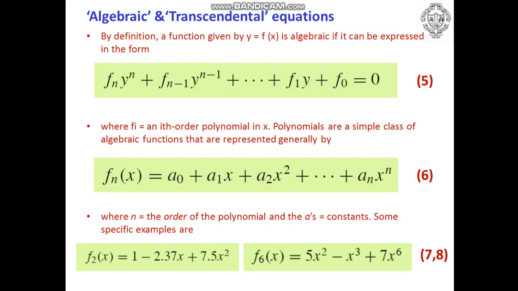By definition, a function given by y is equal to f of x is algebraic if it can be expressed in the form fn y raised to n plus fn minus 1 y raised to n minus 1 plus various other terms, and finally f1 into y plus f0 is equal to 0, where fi is an ith order polynomial in x.